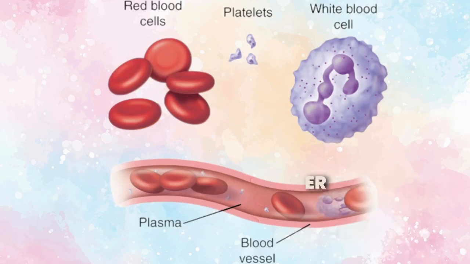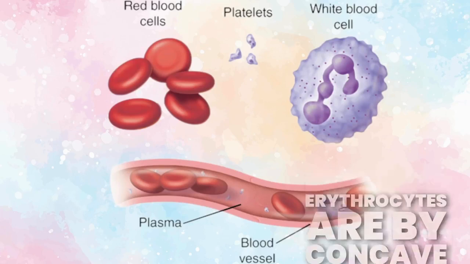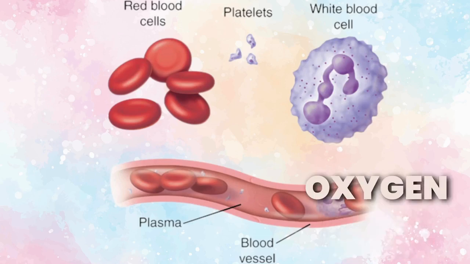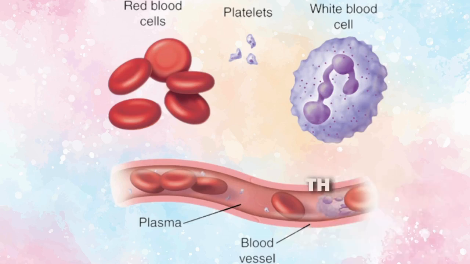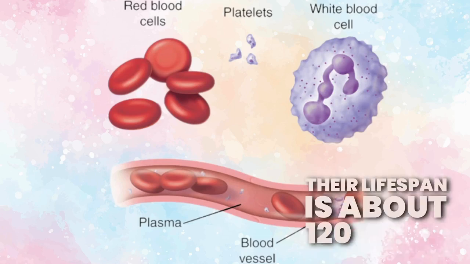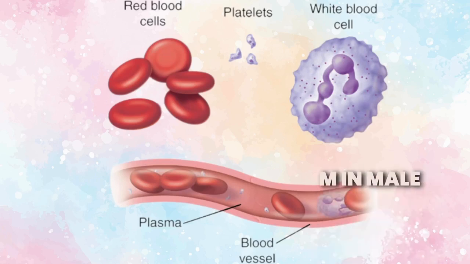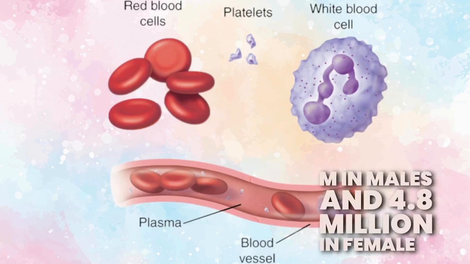Red blood cells, erythrocytes, are biconcave, non-nucleated discs containing hemoglobin, which carries oxygen and carbon dioxide. Their lifespan is about 120 days, and they number 5.4 million per cubic millimeter in males and 4.8 million in females.